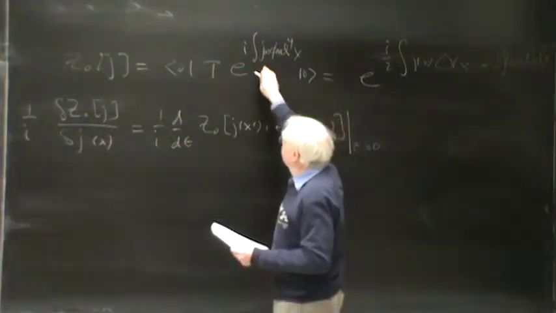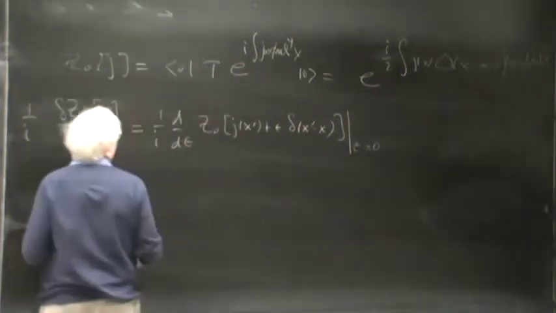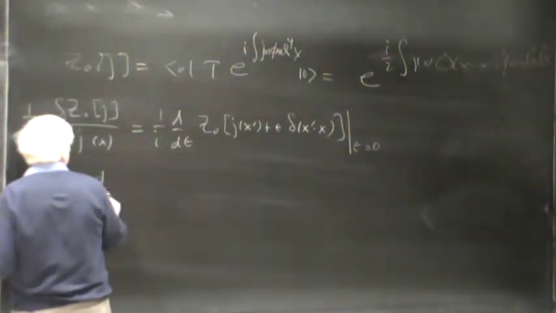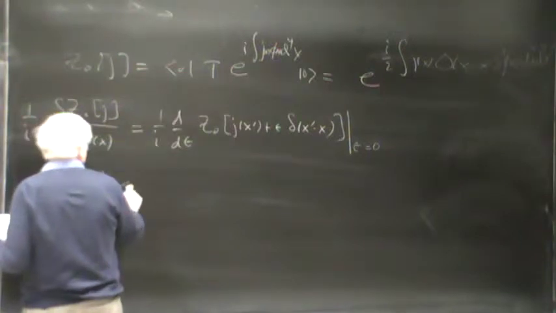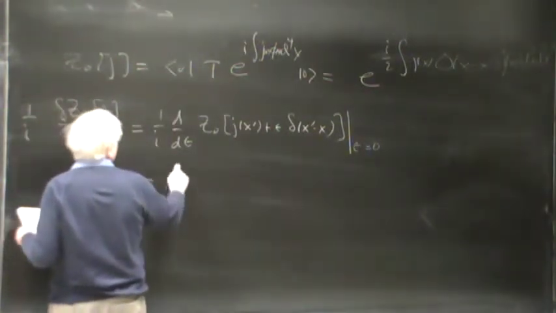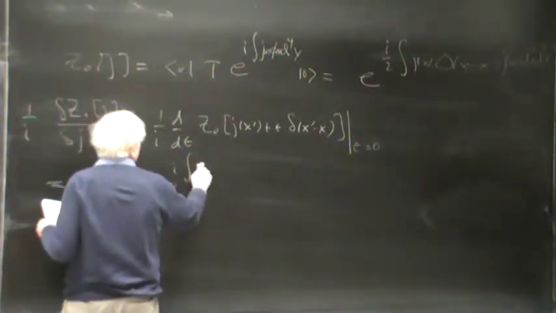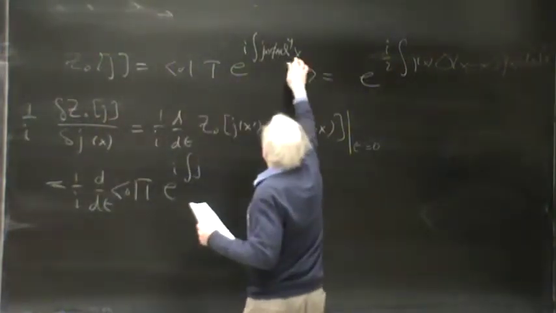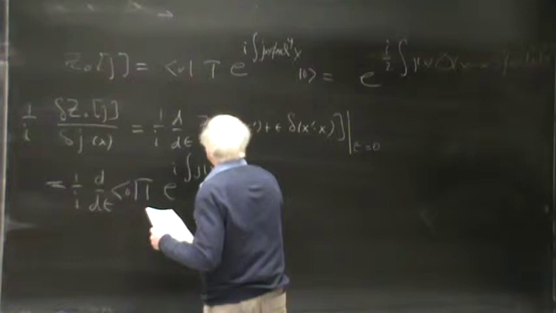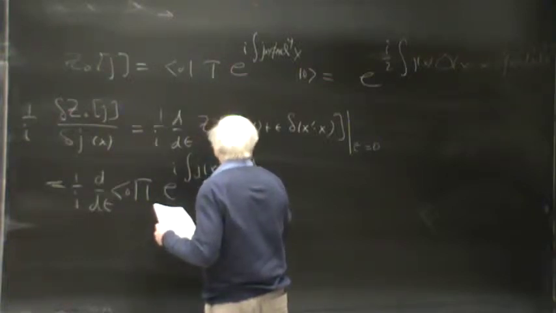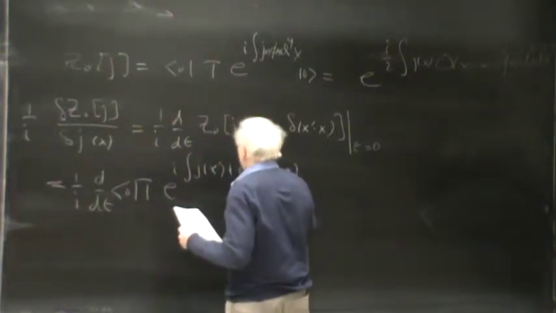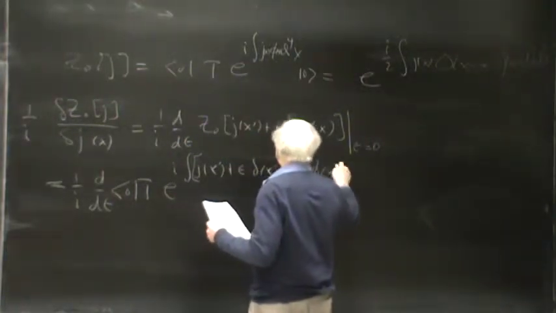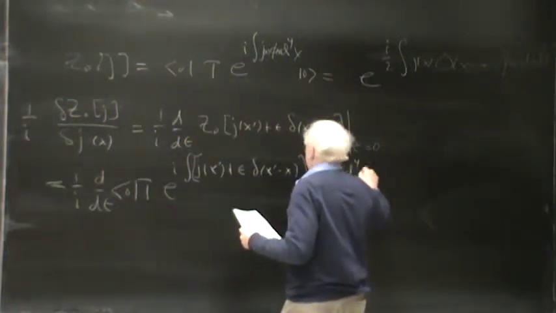Well, if we do that on the left-hand side, what we're doing is 1 over i d by d epsilon of the vacuum time-ordered product e to the i integral of j of x prime plus epsilon delta of x prime minus x, times phi of x prime d4 x prime.